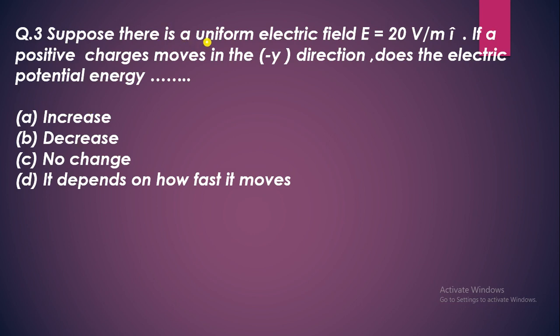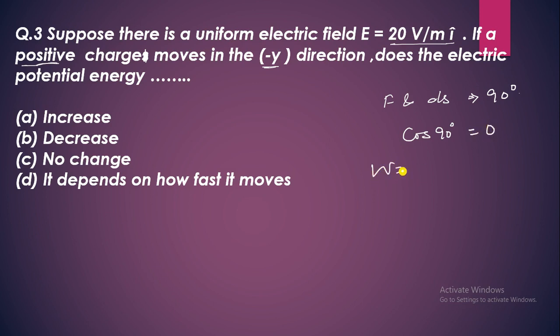Suppose there is a uniform electric field E is equal to 20 volt per meter i cap. Note down that in this question, a positive charge moves in the minus y direction. How does the electric potential energy change? What is the angle between force and displacement? 90 degree, meaning cos 90 degree is equal to 0.